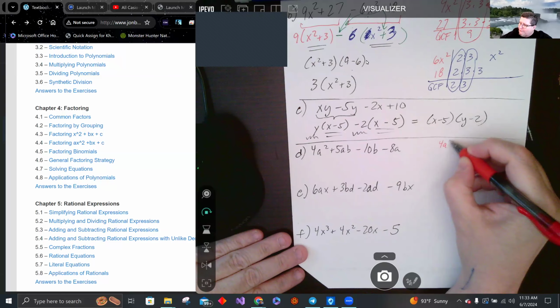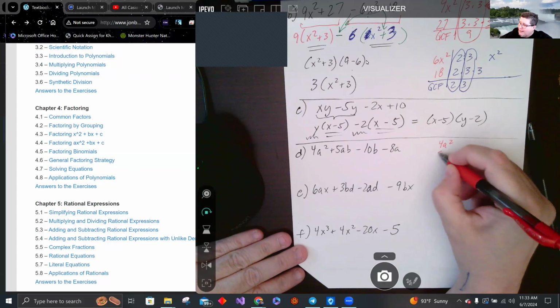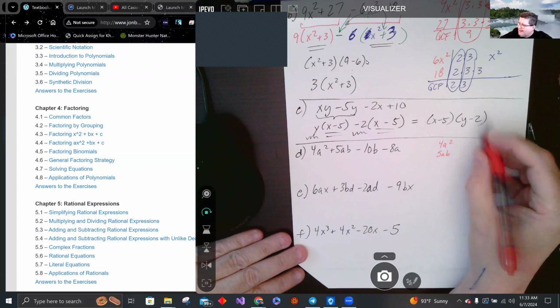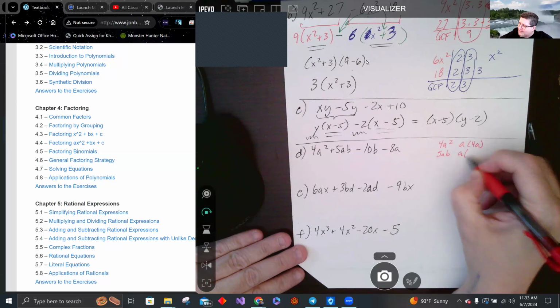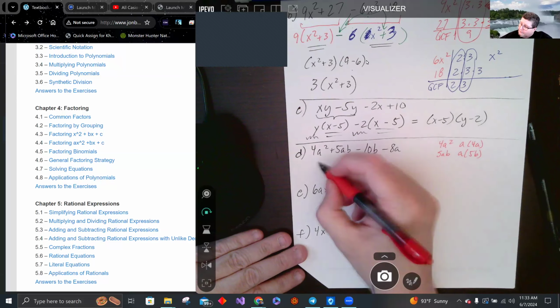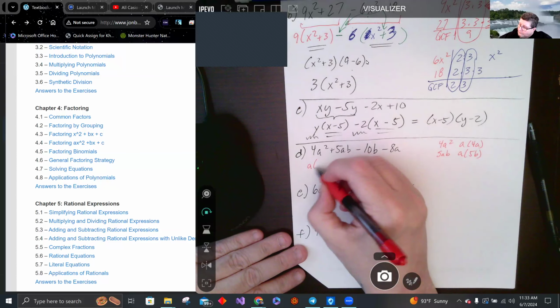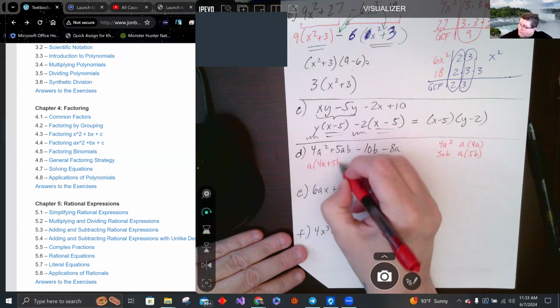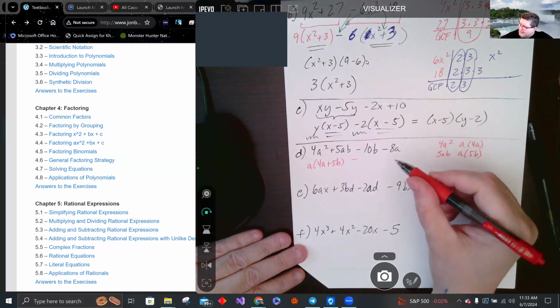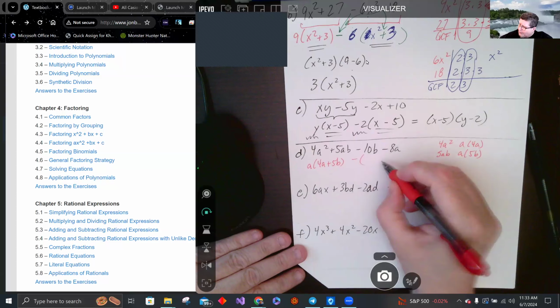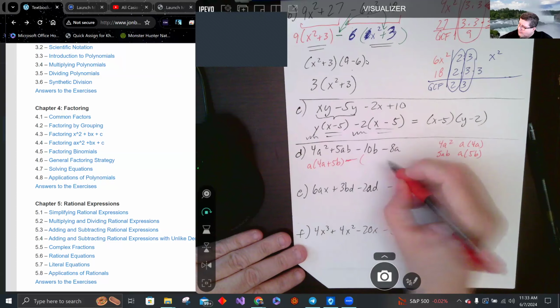It looks like between 4a squared and 5ab, they both have an a. This has a 4a left, and this has a 5b left. Here, I need to pull out a minus, so I'll have a plus in here after I'm done.